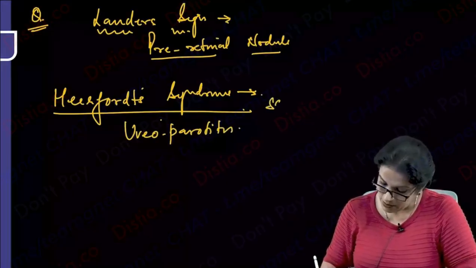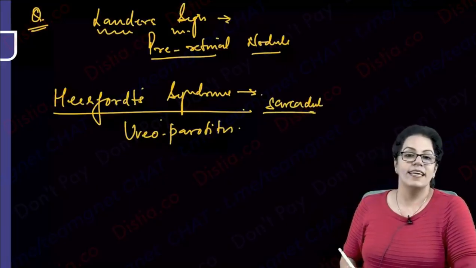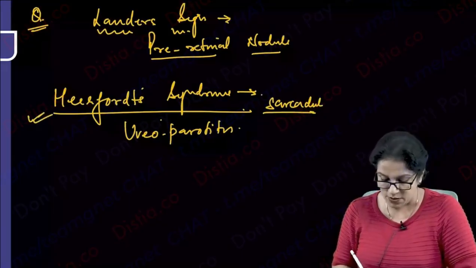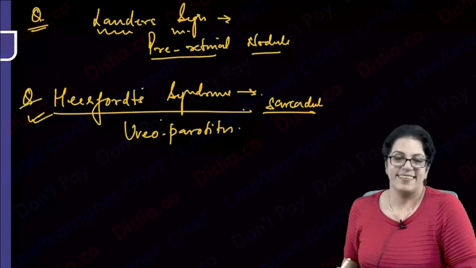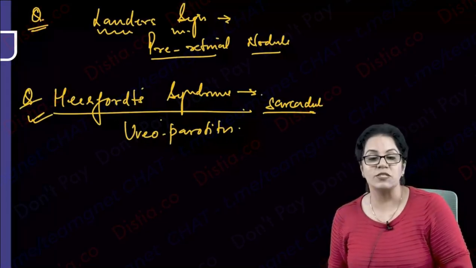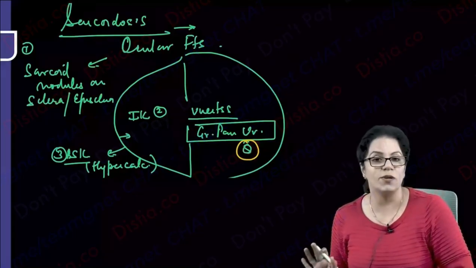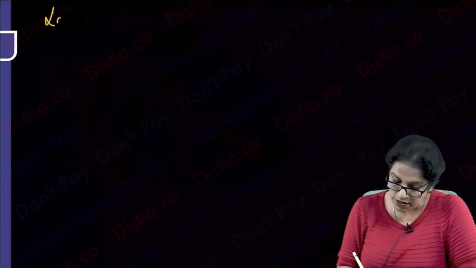This is seen in sarcoidosis. So uveitis with parotid gland inflammation featured in sarcoidosis is what is called Heerfordt syndrome. Again, this is a Q. So Lander's sign, Heerfordt syndrome, candle wax drippings, and granulomatous panuveitis. These are all cues of sarcoidosis. One more term, though it has not been asked, but you should know what is Lofgren syndrome.